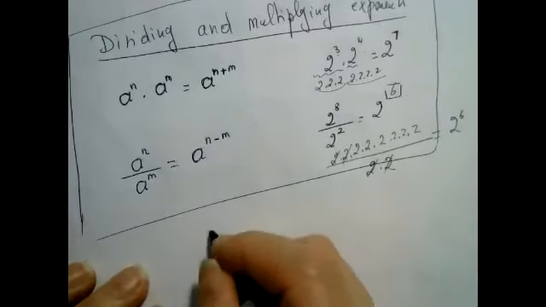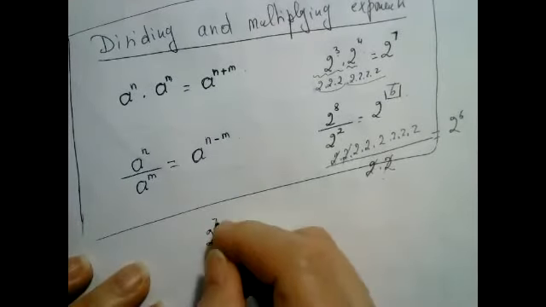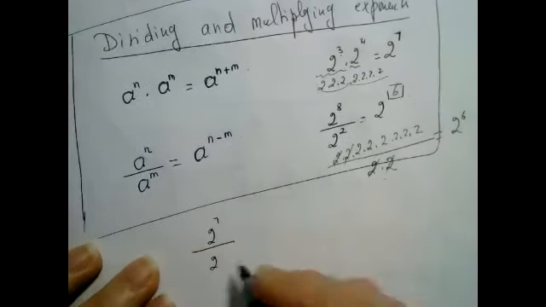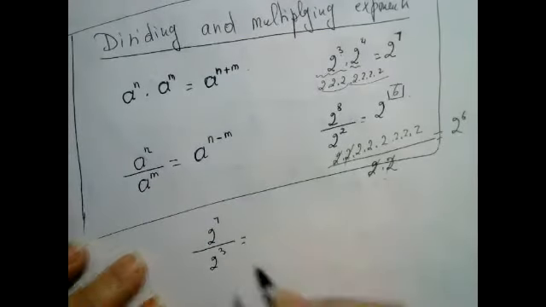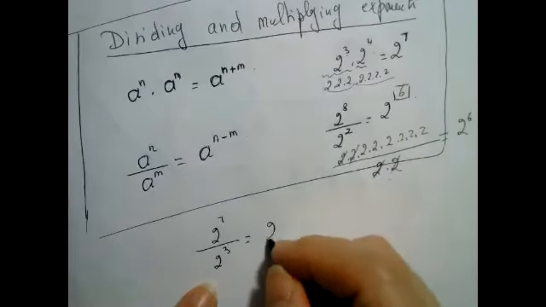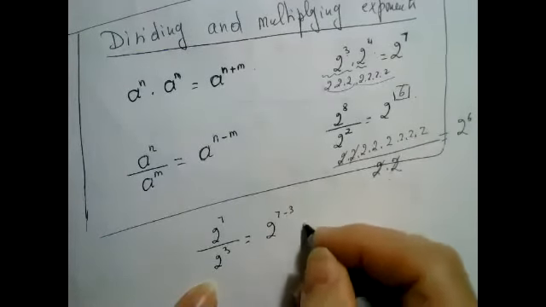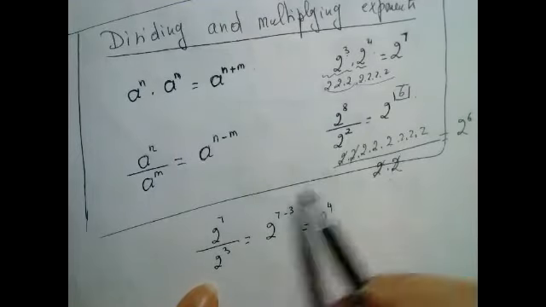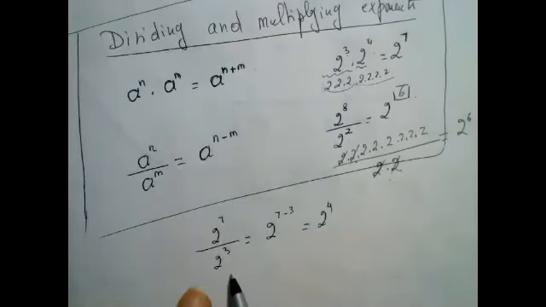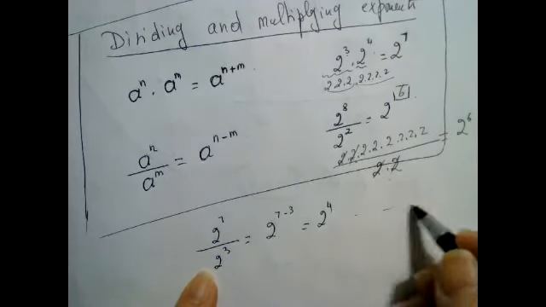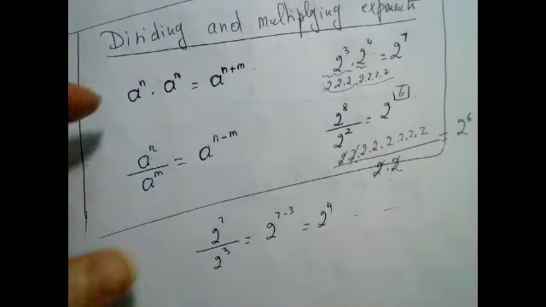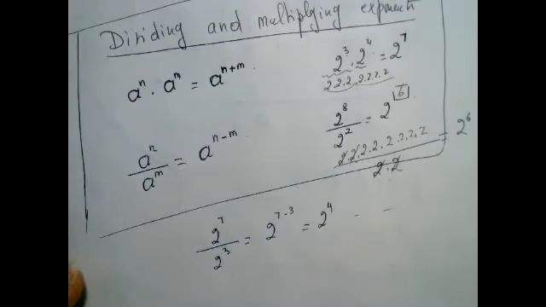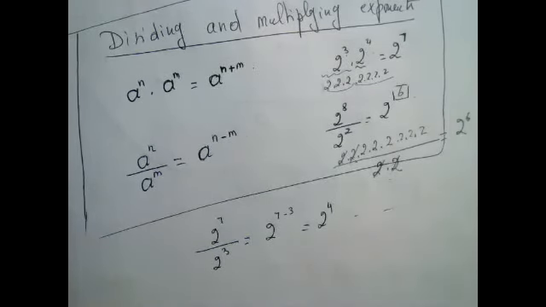So, for example, we're going to do those quickly. 2 to the 7 over 2 to the power 3 is 2 to the power 7 minus 3, 2 to the power 4. And if we think about it in those terms, I have 7 2's divided by 3 2's. I'm left with 4 2's. And we can keep going along the same line. So these are important properties for the exponent that we're going to use in this section.